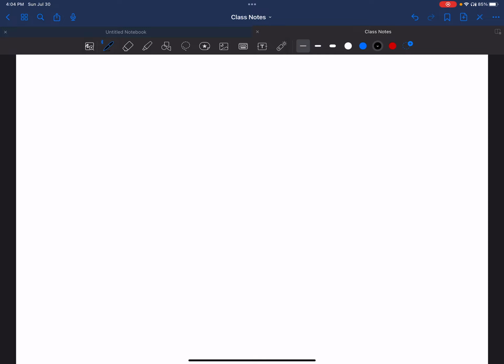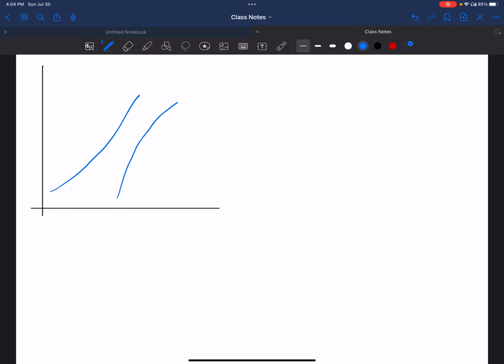And also, we know that there are increasing functions. So what is an increasing function? If you have a function like that or like this, let's look at the slope of the tangent line drawn to these curves. These are increasing functions, and the slope of the tangent line, f prime of x, is greater than 0 always.